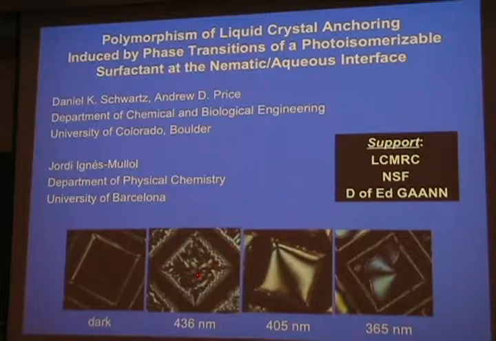But as you expose it to different wavelengths of light, we see different types of textures, due to changes in the anchoring of the nematic liquid crystal on that surfactant. And so this is what I want to try to explain to you in 20 minutes today.